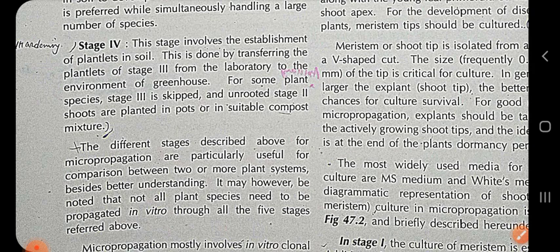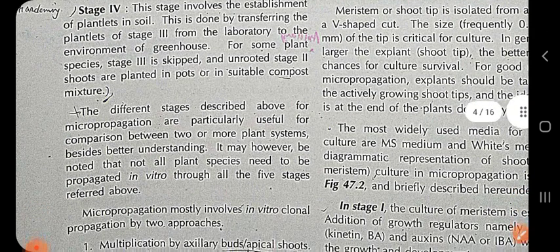This mixture is used in the pots for growth of the plantlets taken out from the laboratory from stage 3. Sometimes instead of sterilized soil, we can also use soilrite, cocopeat, or perlite for their growth.